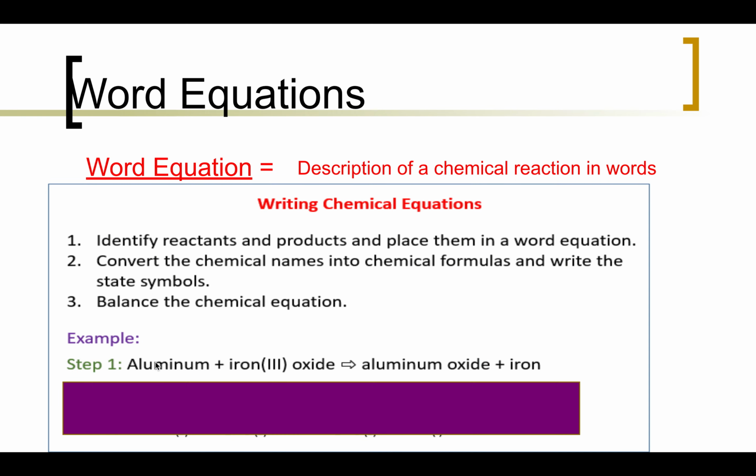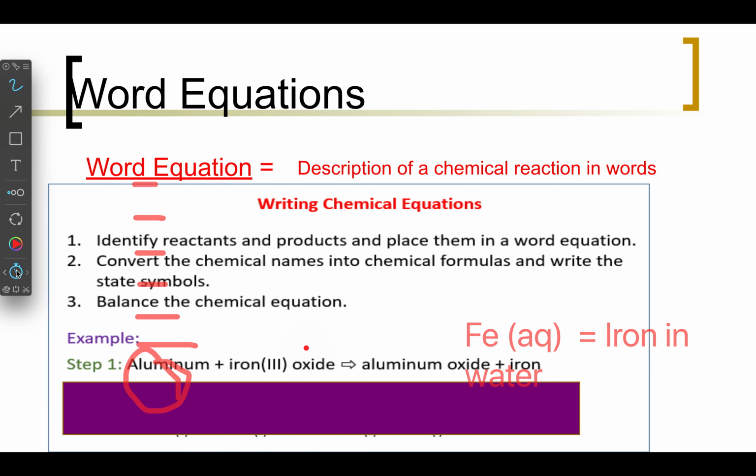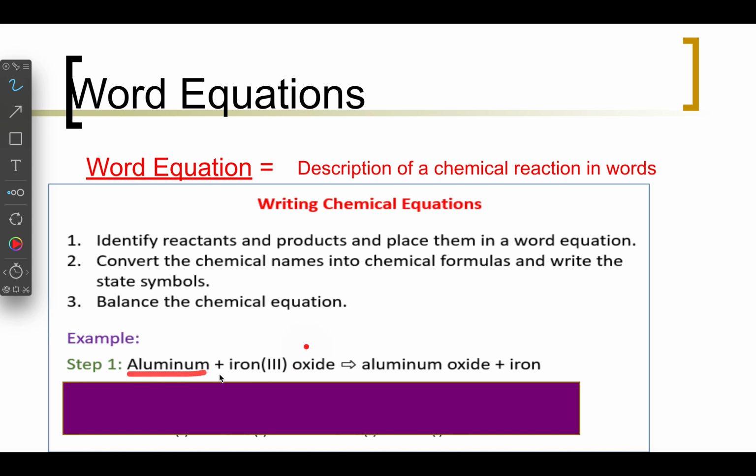So we're just going to discuss briefly how to talk about chemical equations, right? So in this example down here, we have aluminum plus iron, arrow, aluminum oxide, iron.